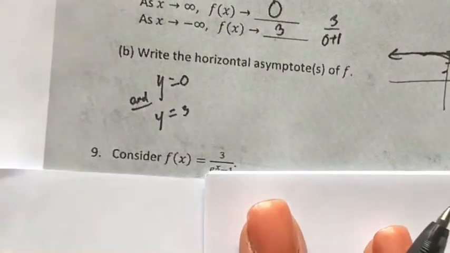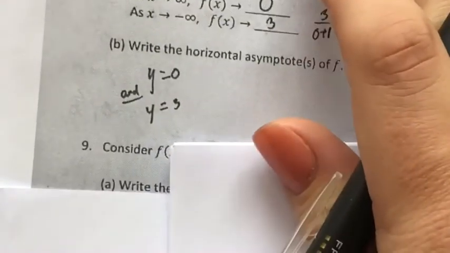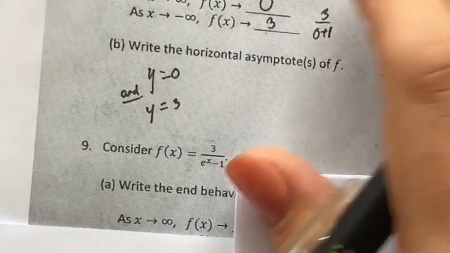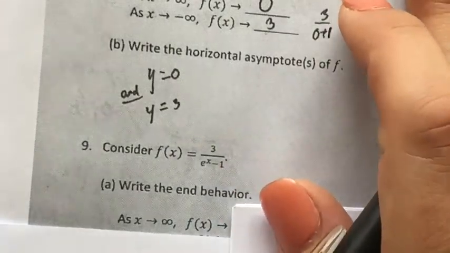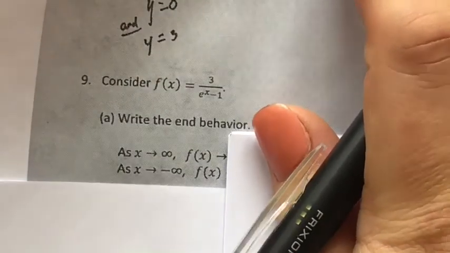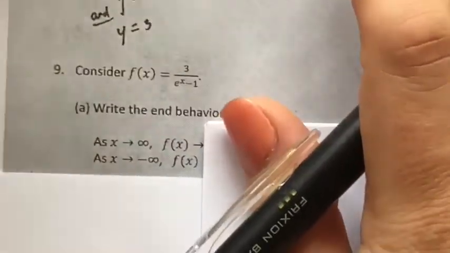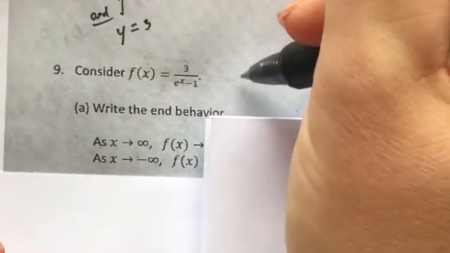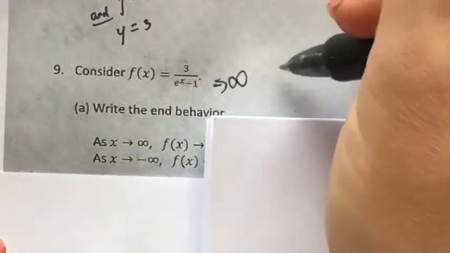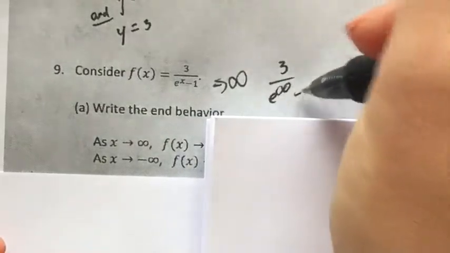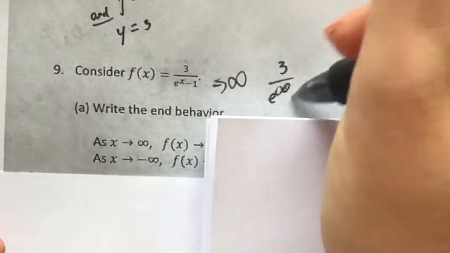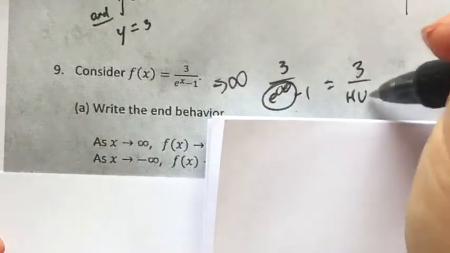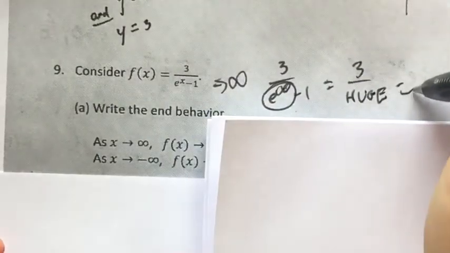So do it much in the same fashion. If you plug in a huge positive number, 3 over e to the infinity minus 1, so this is a huge number, I'll get 3 over huge, which is very close to 0.